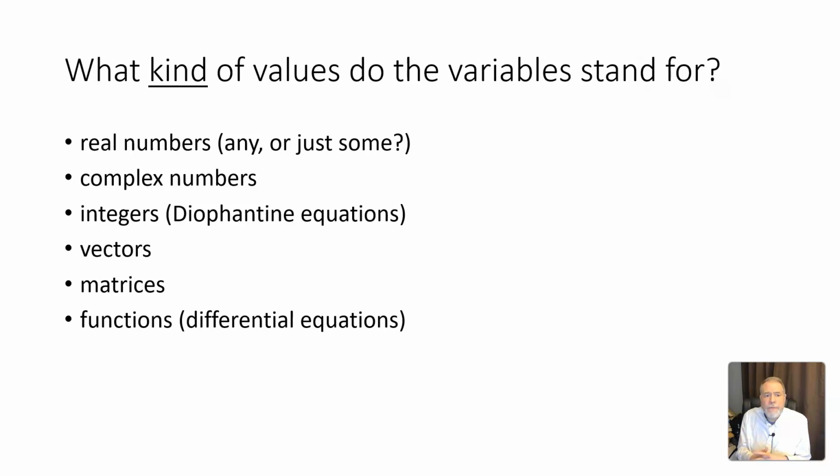Those are called Diophantine equations, and you would probably study those in a class on number theory. There are equations where the variables stand for vectors, or matrices, or functions. Differential equations are equations where the unknown that you're trying to find to solve the equation isn't just a number, it is a function. And so you're trying to figure out what function goes in to make the equation true.